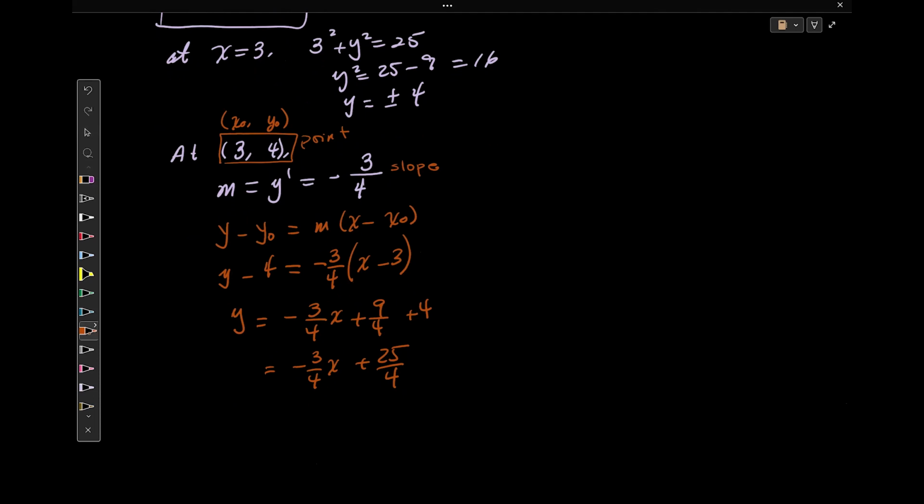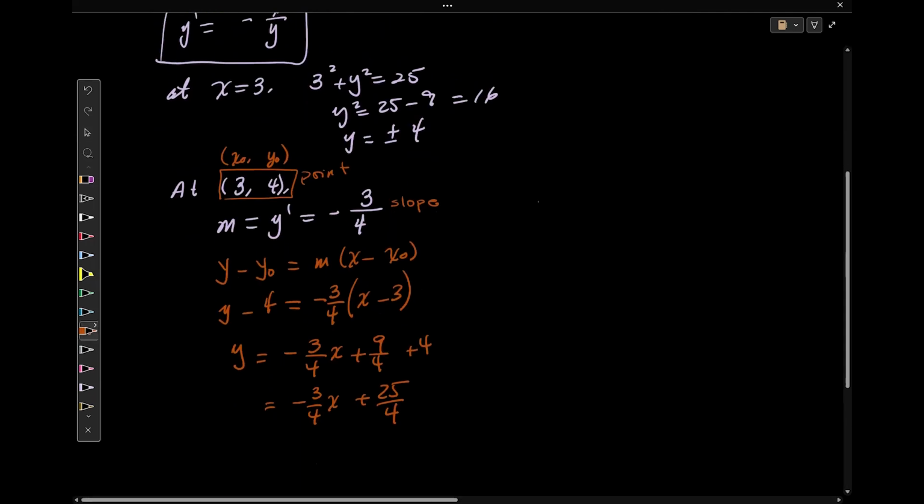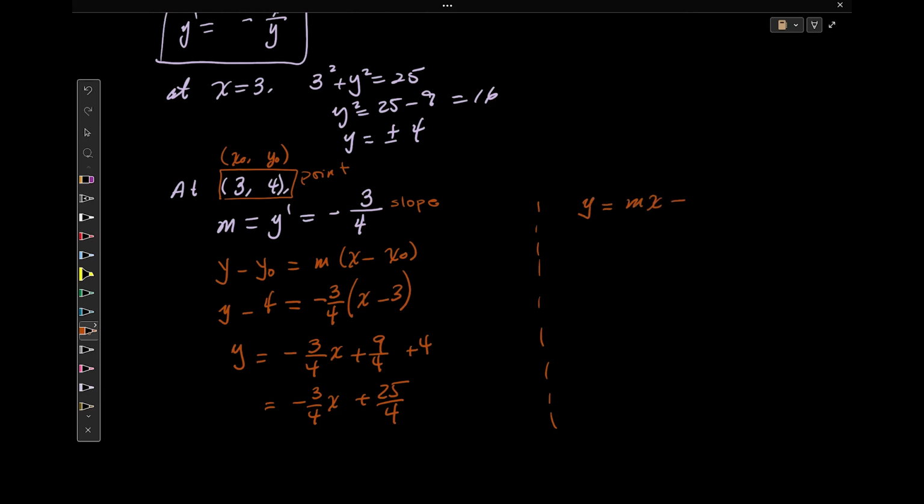All right, let's try it a different way. This is for just the 1 point. Okay, we have another point. Let's try it using y equals mx plus b. So m is known. We need to get b.